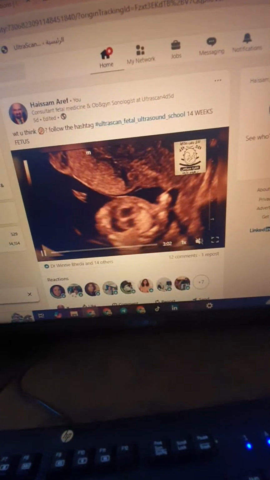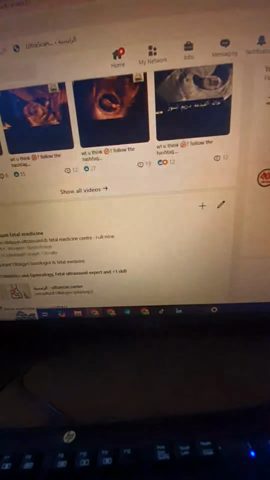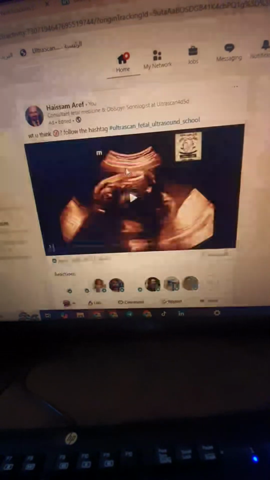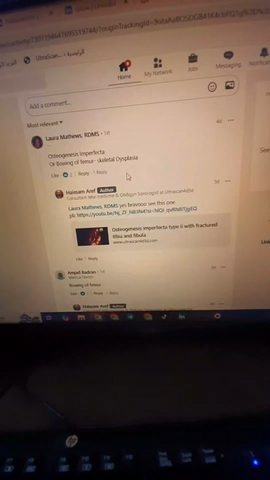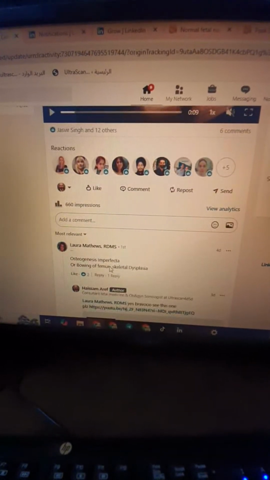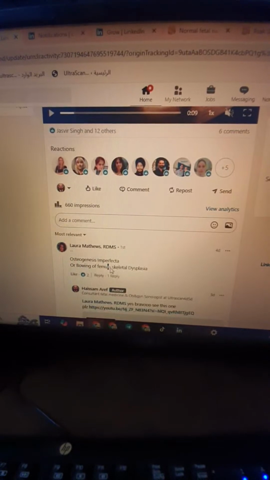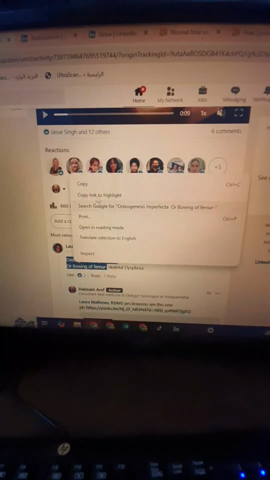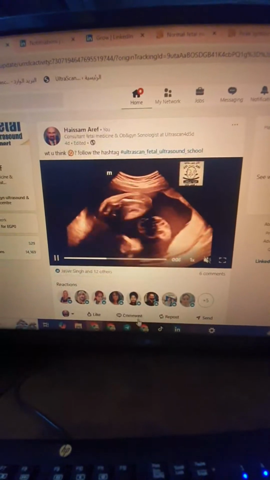Okay, let's go back to our cases. The third case is one we have seen together many times: the case of fracture femur, bowing. Yes, bowing femur, osteogenesis imperfecta, bowing of the femur. I guess we have seen this fractured femur together many times, in the case of osteogenesis imperfecta.